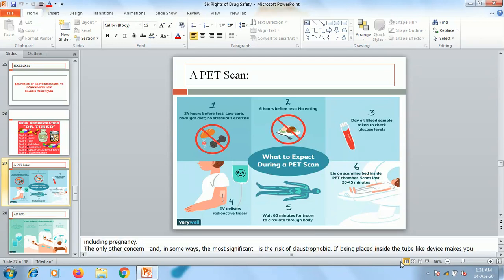So for example, if there is a patient who was injected with radio tracer, he might be anxious. Before this radioactive tracer is delivered by the IV route, there might be anxiety. For example, the patient knows that this test will tell the stage of cancer or diagnose the cancer.